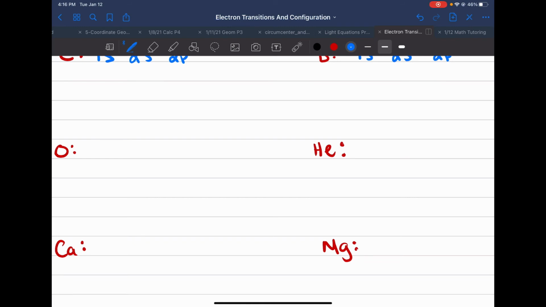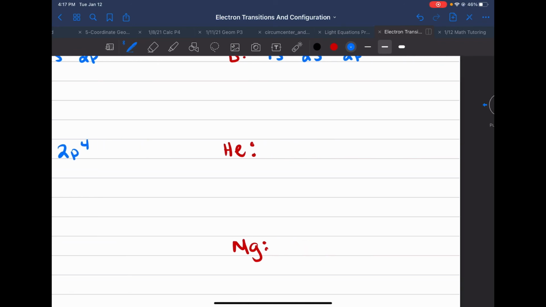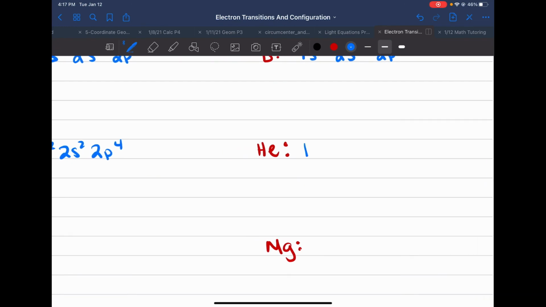Okay, so the electron configuration for oxygen is 1s2, 2s2, 2p4. The electron configuration for neon is 1s2, 2s2, 2p6.